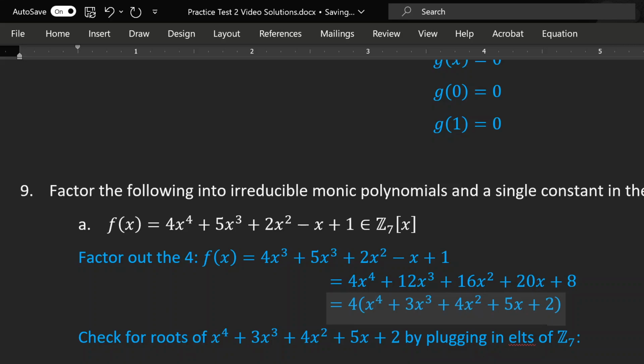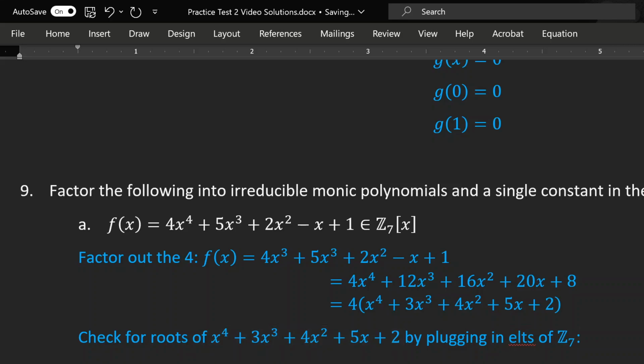When x equals 1, I get, let's see, 1 plus 3, so that's 4, plus 4 is 8, plus 5 is 13, 14, 15. I get 15, which is congruent to 1. Okay, x equals 2. This becomes a little bit tedious at some point.